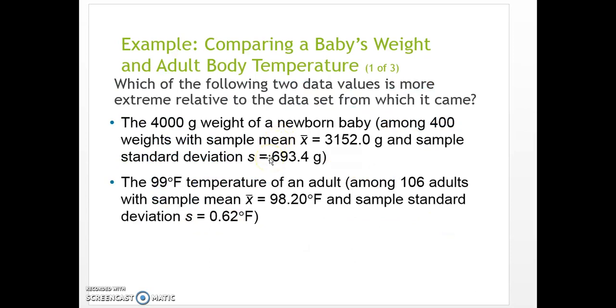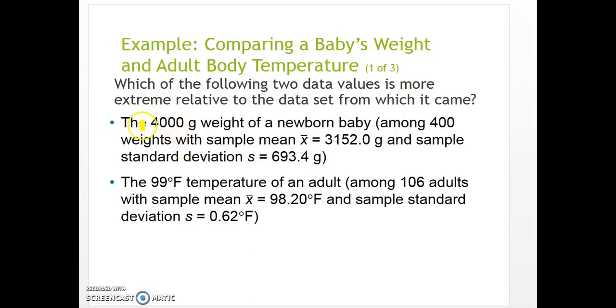We have one example here. First example, comparing a baby's weight and adult body temperature. I'll give you 30 seconds to read the problem. The problem talks about two data values. We want to see which one is more extreme relative to the data set from which it came.